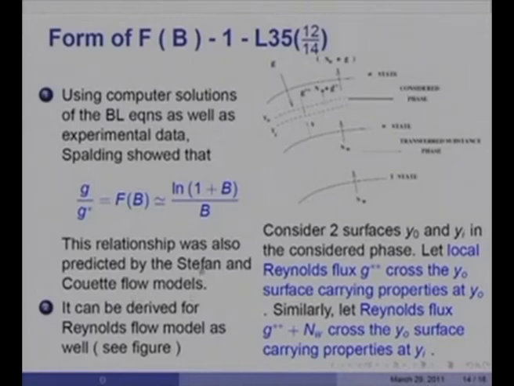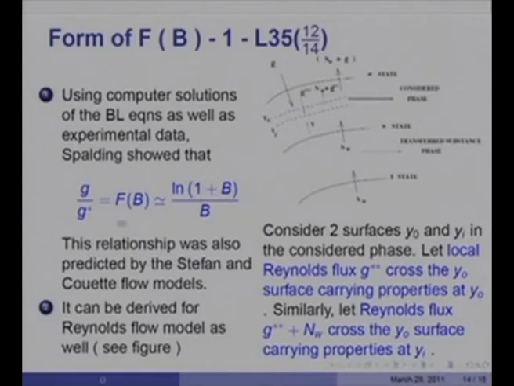Of course, the Stefan flow model was for diffusion mass transfer only, whereas the Couette flow model included convection, and therefore this relationship is unique. It doesn't contain any Reynolds number, Prandtl number, or anything like that.